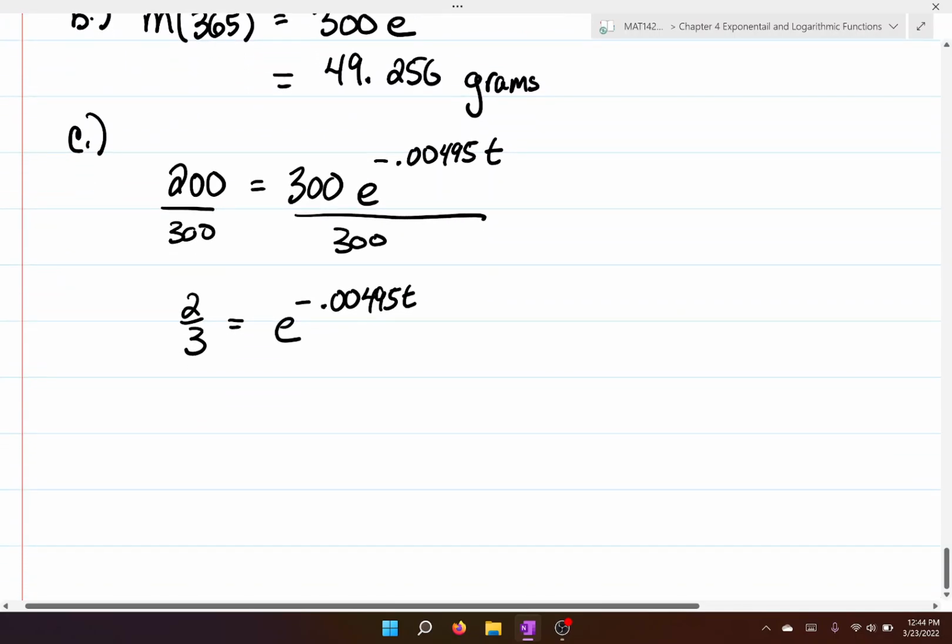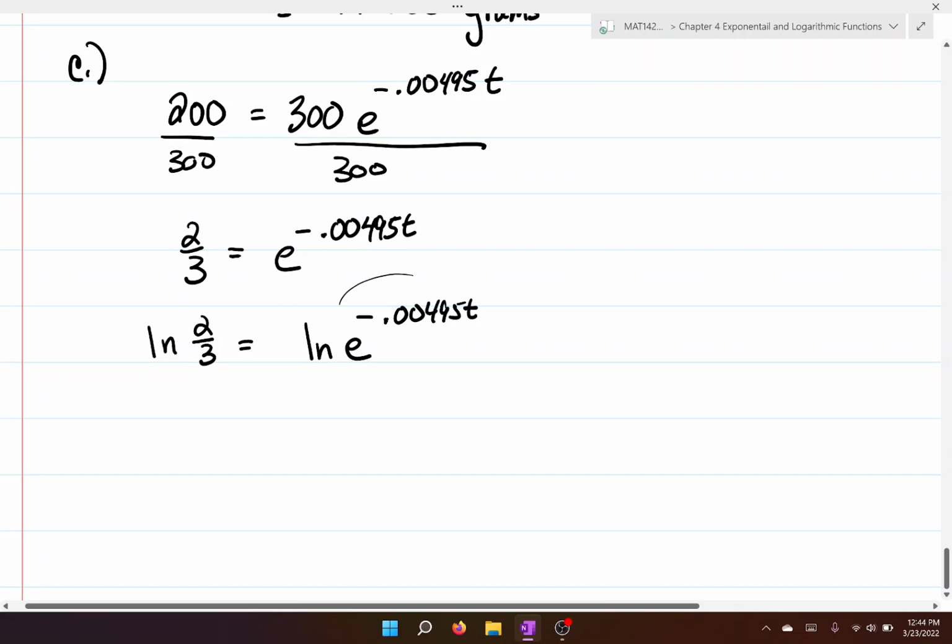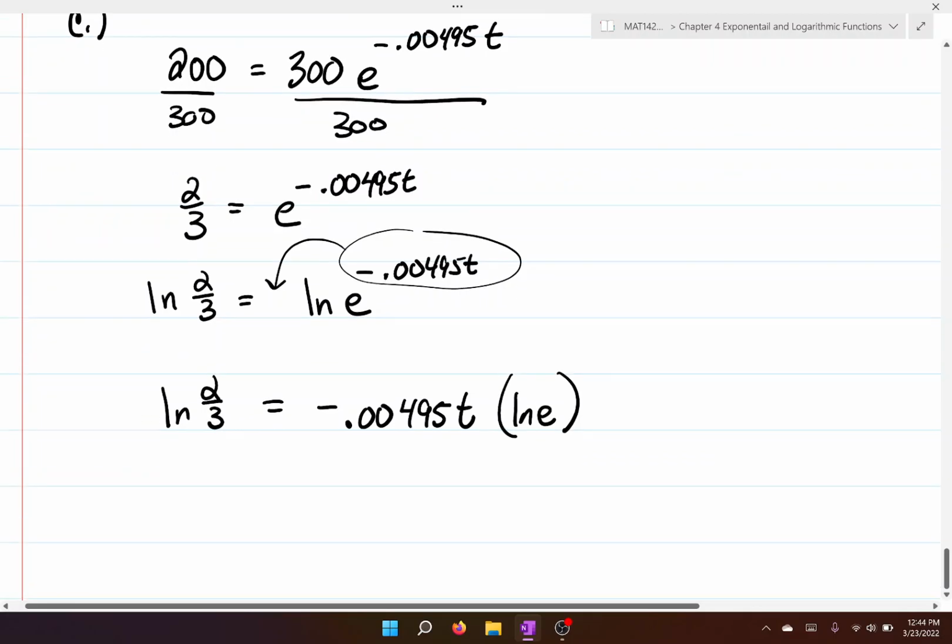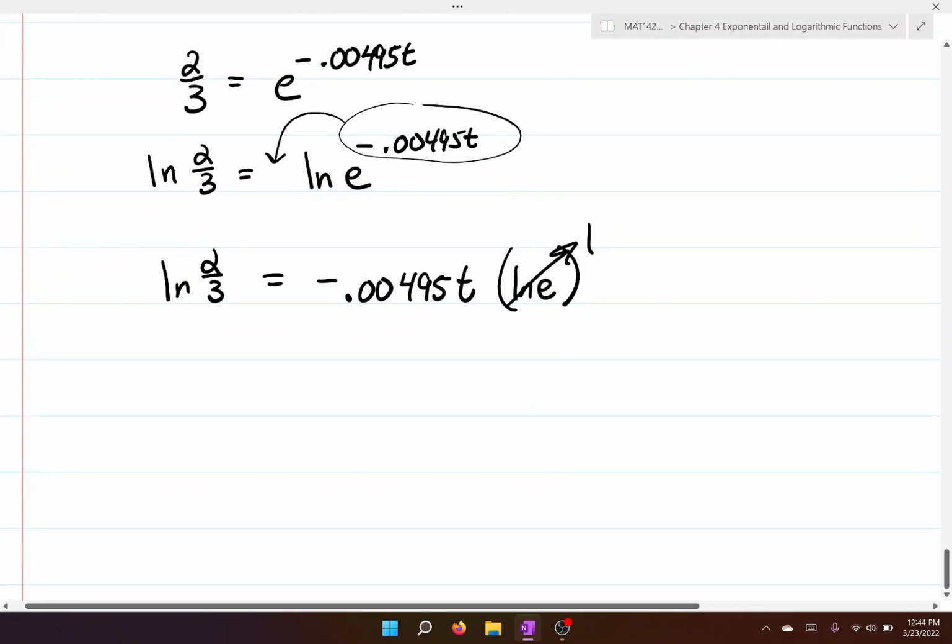Now, we're going to take the natural log of both sides. So I get the ln of 2/3 equals the ln of e to the negative 0.00495 t. That is going to allow us to take this exponent and pull it out front. So we get the natural log of 2/3 equals negative 0.00495 t times the ln of e. We know the ln of e goes to 1. So we can just divide both sides by negative 0.00495.